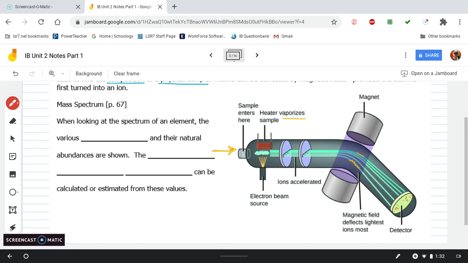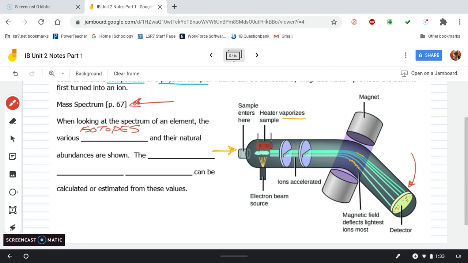So what is a mass spectrum? This is what you need to know for the test. A mass spectrum is what the detector spits out. The detector creates a mass spectrum, and that's what the computer basically analyzes. When you look at the spectrum of an element, the various isotopes and their natural abundances are shown.